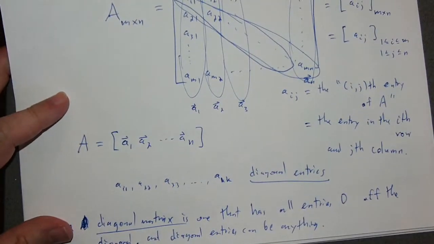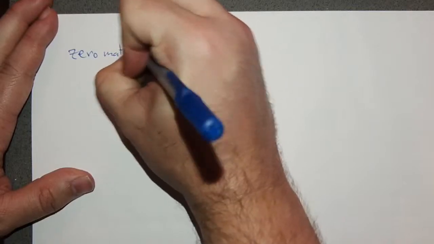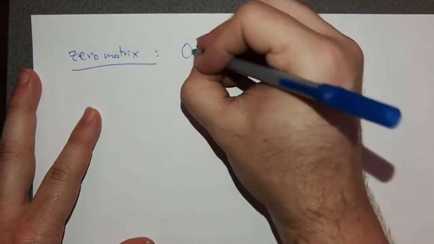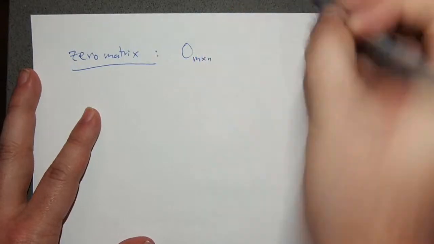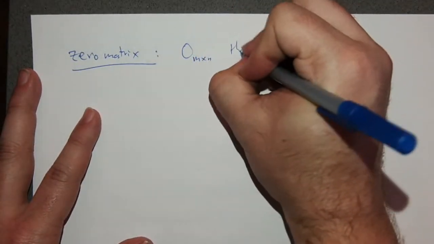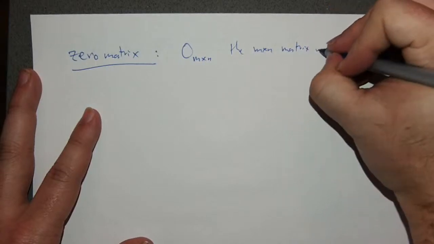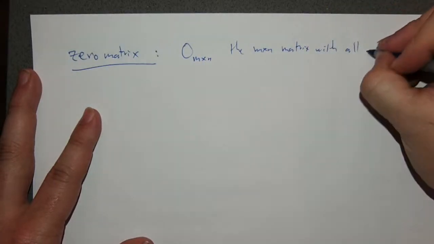So the 0 matrix, for instance, is a special matrix. So there's the 0 matrix. I'll write that as 0 sub mn. This is the m by n matrix with all entries 0.